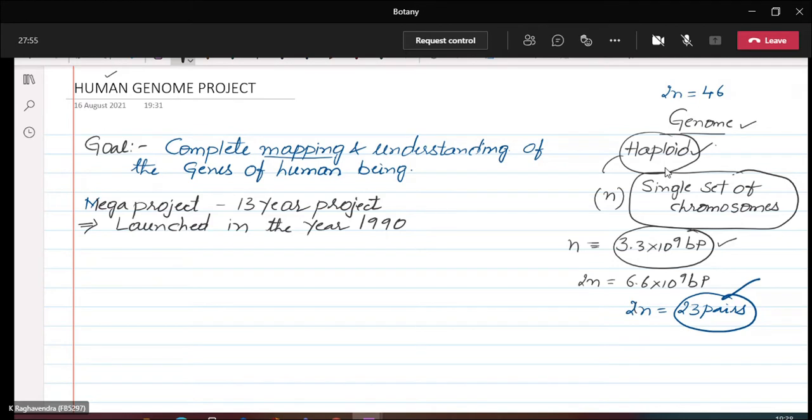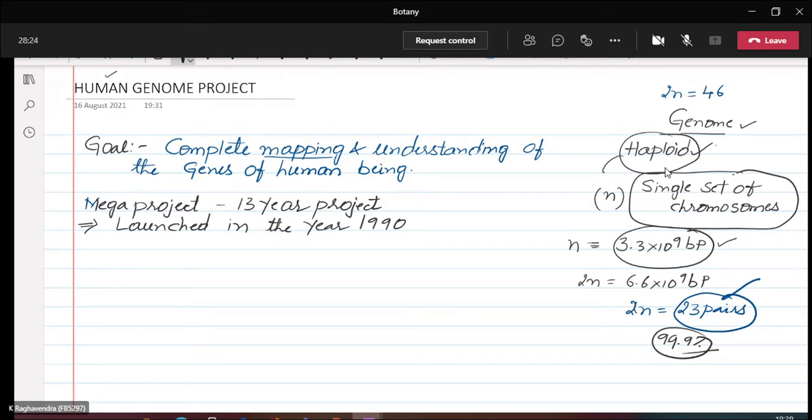You know very well, the two individual human beings, do they show any difference in their nucleotide sequence? Any idea about that? So we say that 99.9% of the individual's DNA is almost all similar.